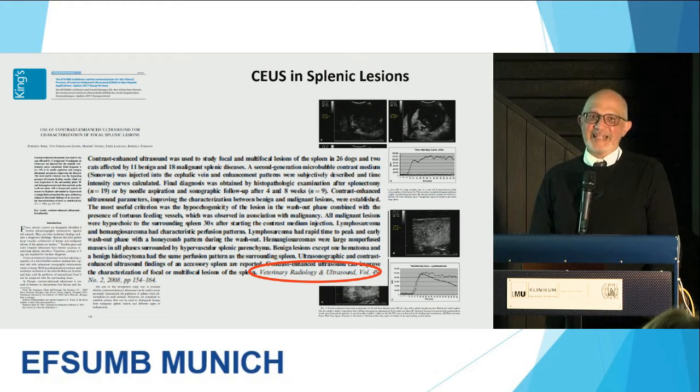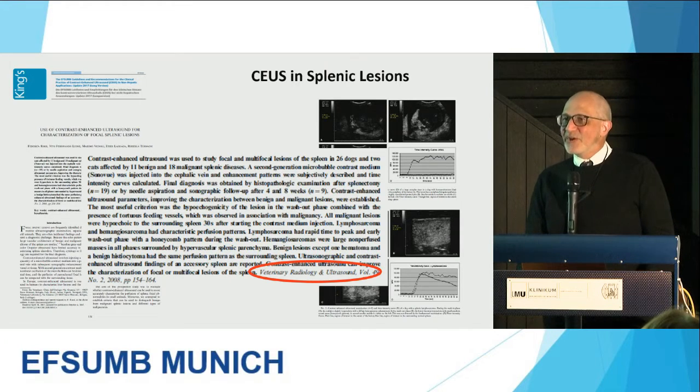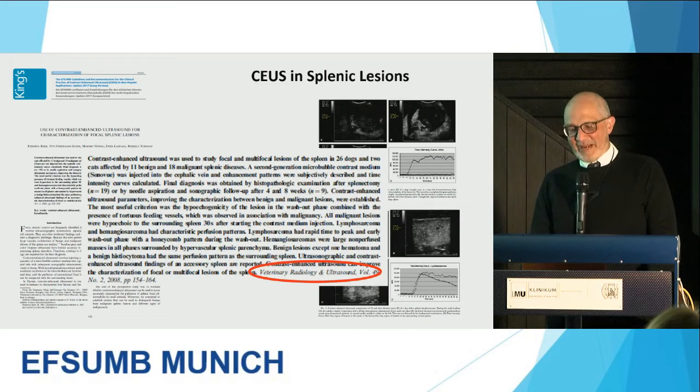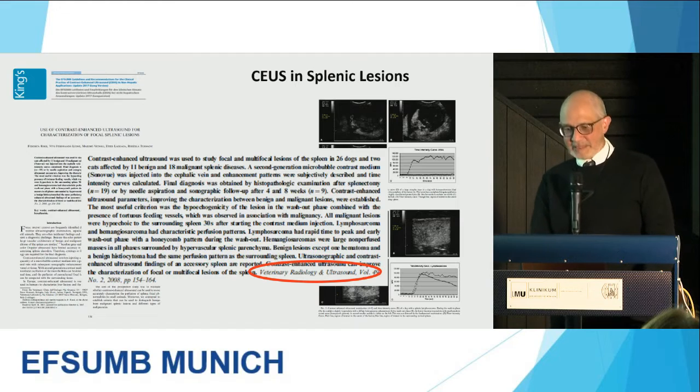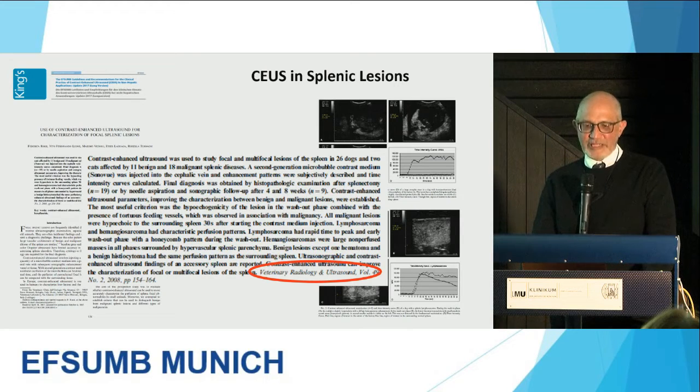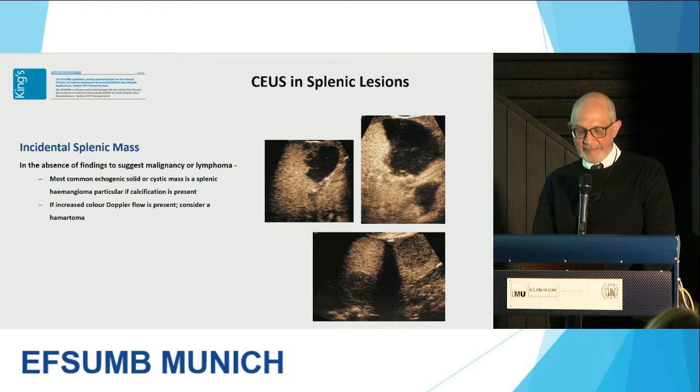I didn't quite get the answer, but that is commonly used in the veterinary practice. And the veterinary practice looked to the human literature for inspiration and also to see what's happening and relate it to the animals. So angiosarcoma is not an uncommon diagnosis in the dog and the cat.